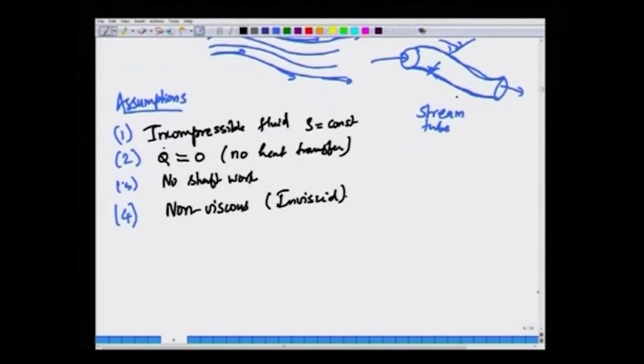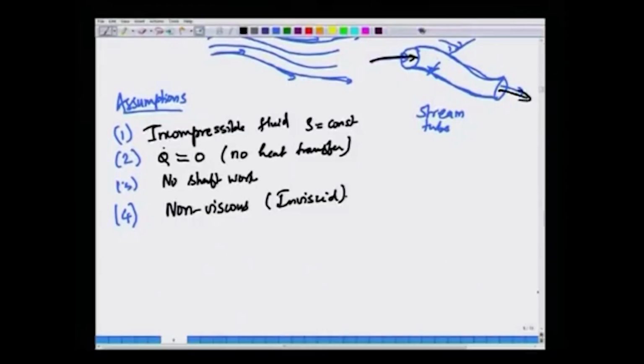A stream tube is essentially a bunch of streamlines present in a flow, and we collect a bunch of streamlines and encircle them. The surface of the stream tube itself is comprised of streamlines. So, there is no flow in or out of the stream tube to the sides. Fluid can only come in and go out through the entry and exit. There is no normal flow through the sides of the stream tube. By definition, the fluid velocity is parallel to the surface, it cannot go perpendicular.